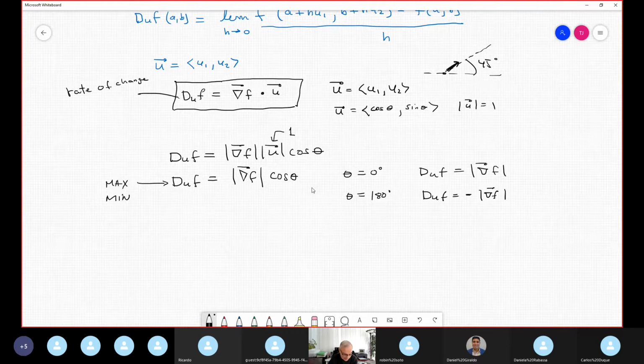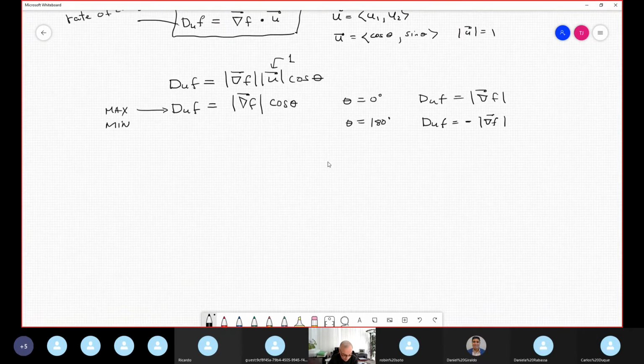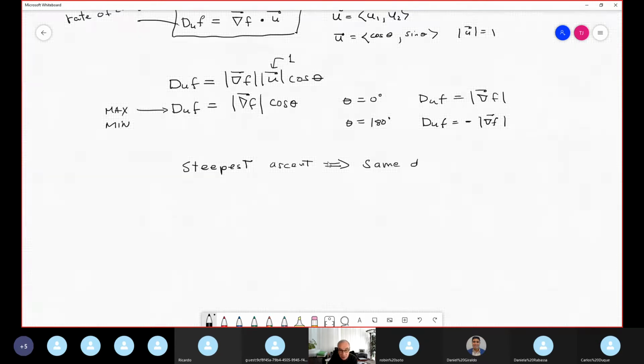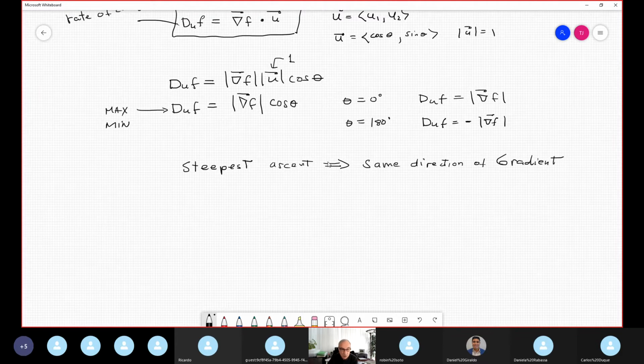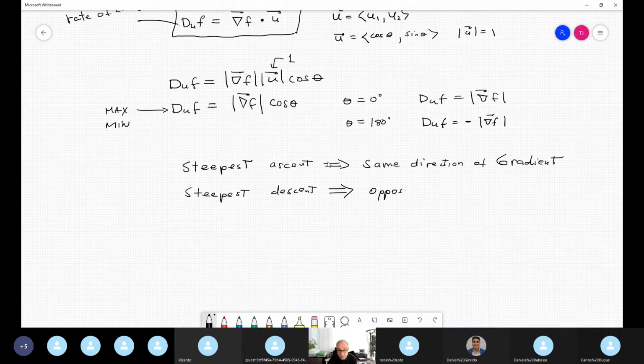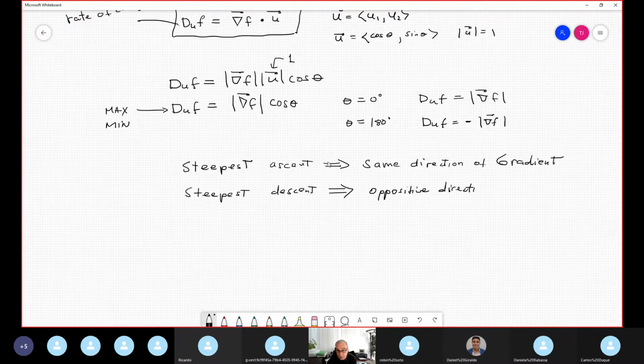So the conclusion is, for example, if you have a surface and you want to find the steepest ascent, it is exactly in the same direction of the gradient. If you want the opposite direction, steepest descent, the direction in which I go down faster is the opposite direction of the gradient.